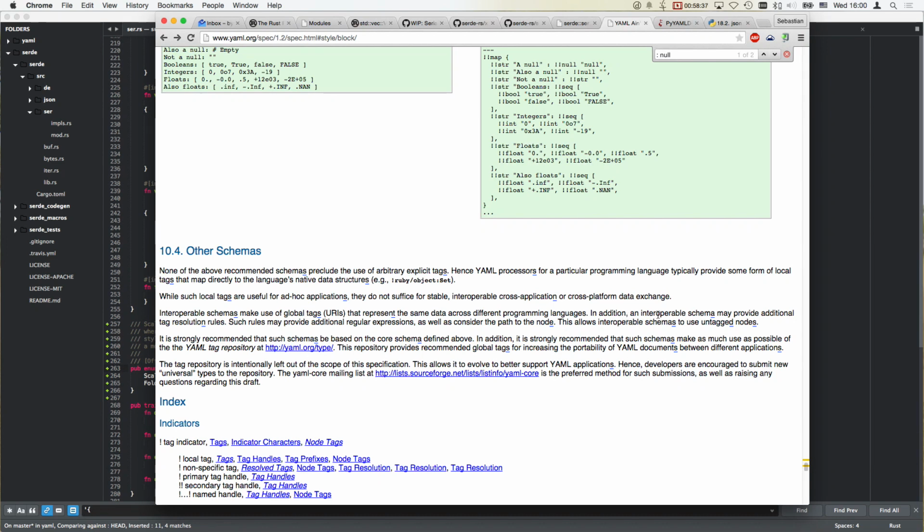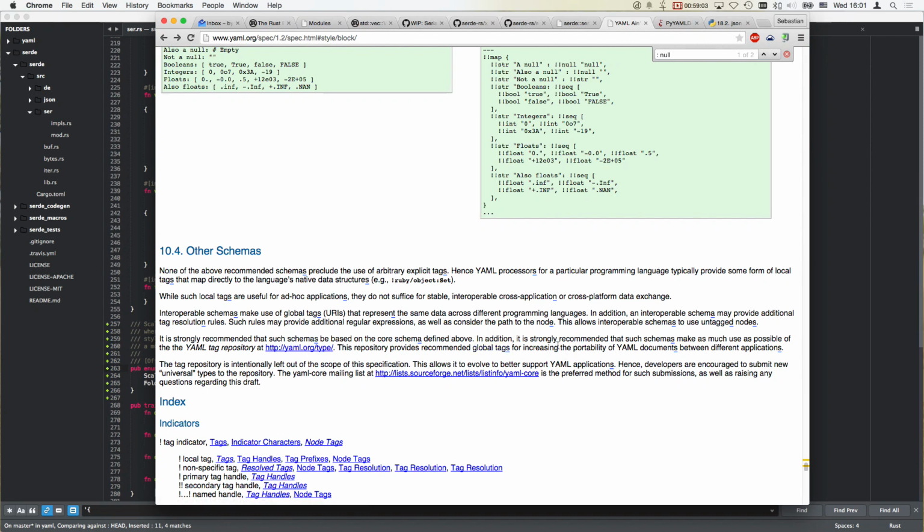In addition, an interoperable schema may provide additional tag resolution rules. Such rules may provide additional regular expressions, as well as consider the path of the node. This allows interoperable schemas to use untagged nodes. It is strongly recommended that such schemas be based on the core schema defined above.